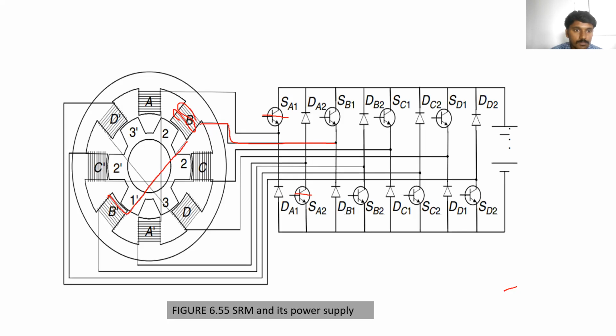The B dash coil, where is it connected? Can you tell where it is connected? B dash coil, SB2. Okay, B coil is connected to SB1 and the B dash coil is connected to SB2. Clear?